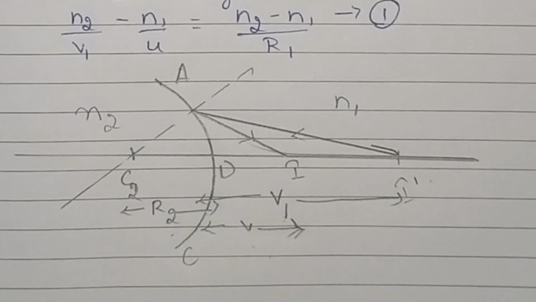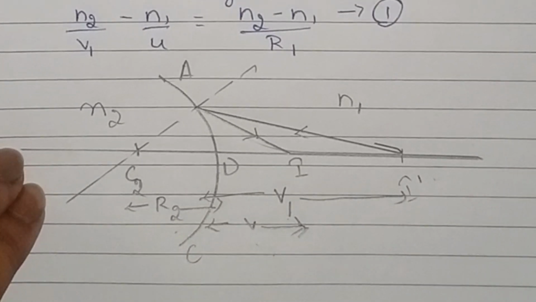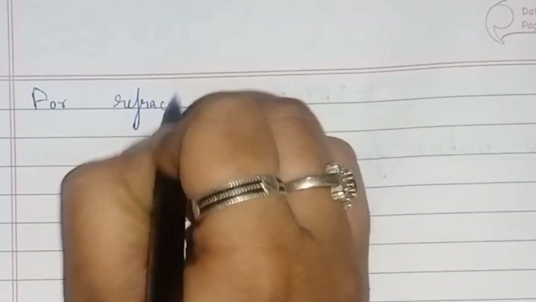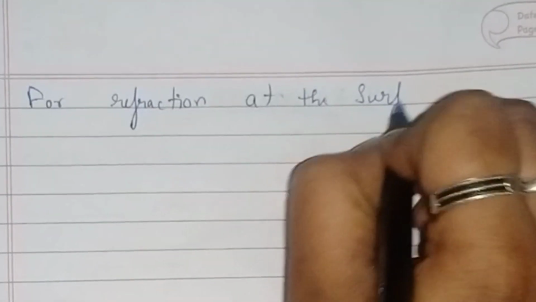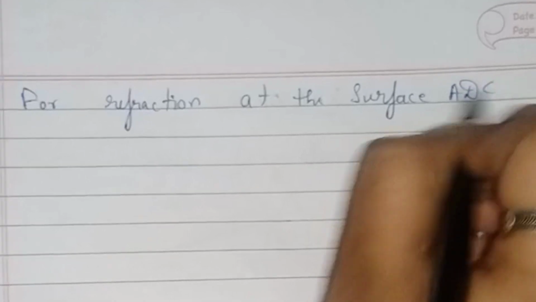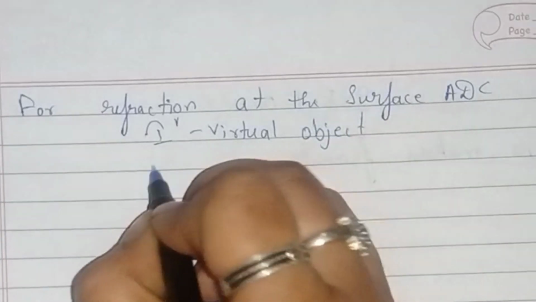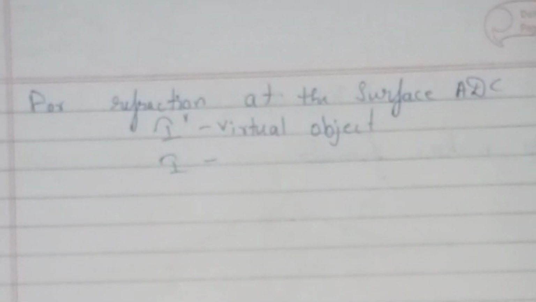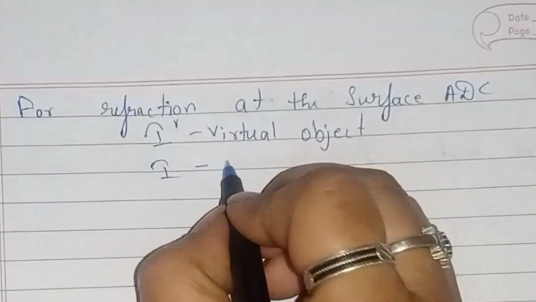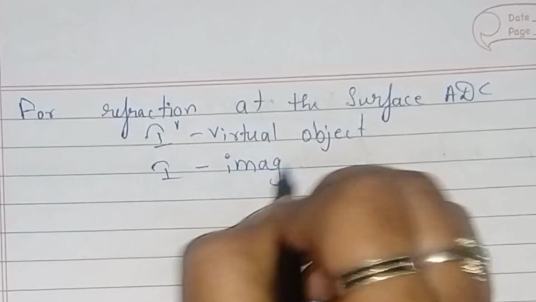Now for the refraction at the surface ADC, I dash is the virtual object and I is the final image.